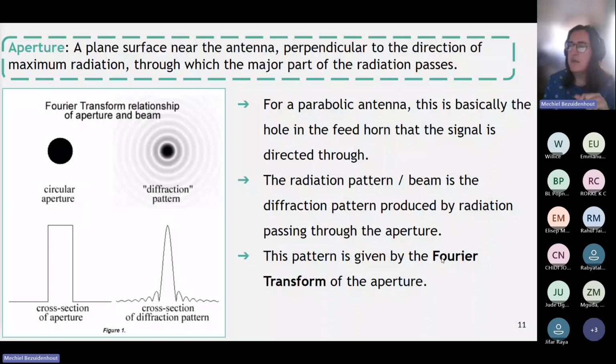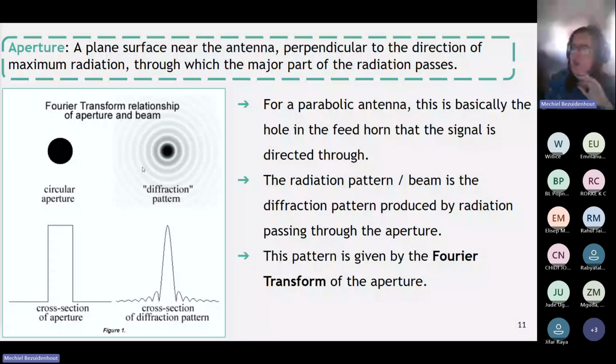So if you have, for instance, on the left here, a circular aperture, which means in cross section, it's kind of the square function, then the diffraction pattern, which is the Fourier transform of that aperture, gives you this varying pattern of a maximum at the middle, and then minima, maxima, minima, maxima.